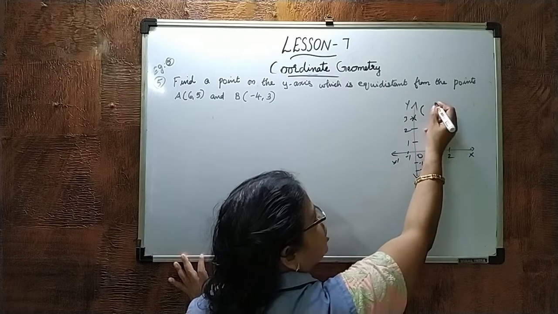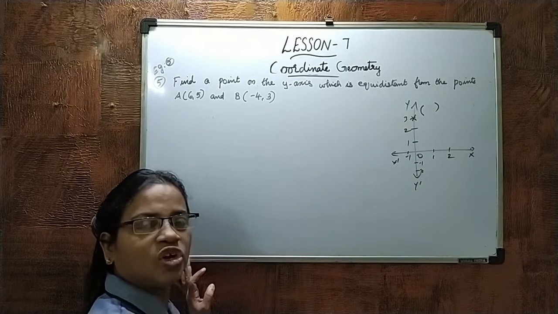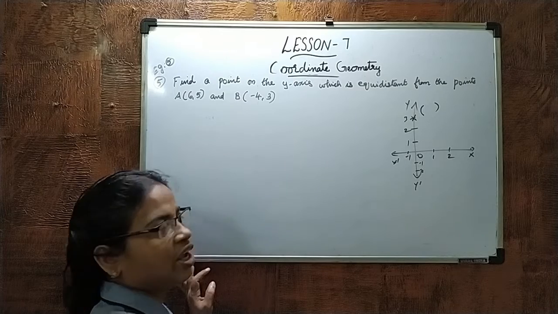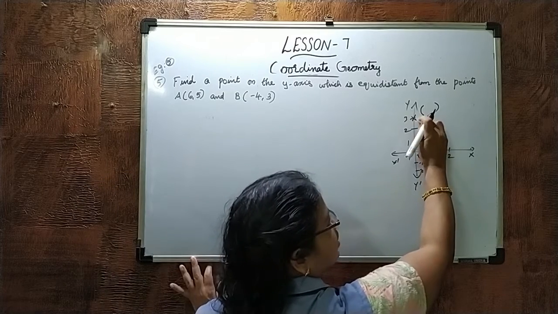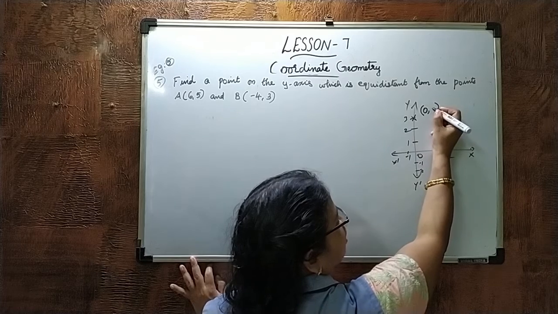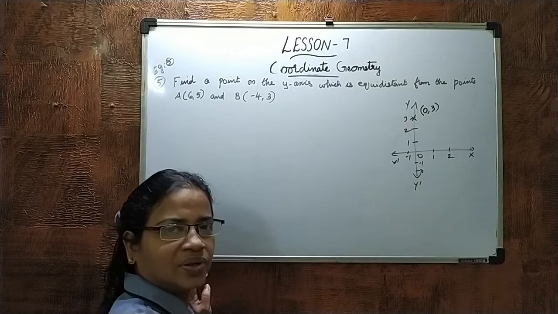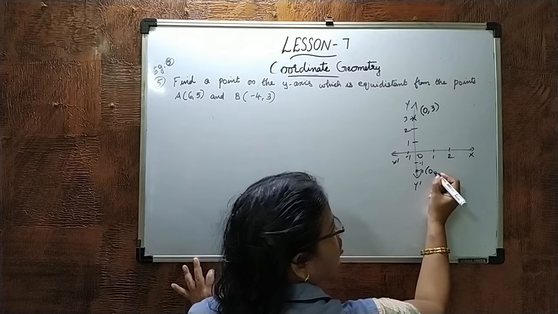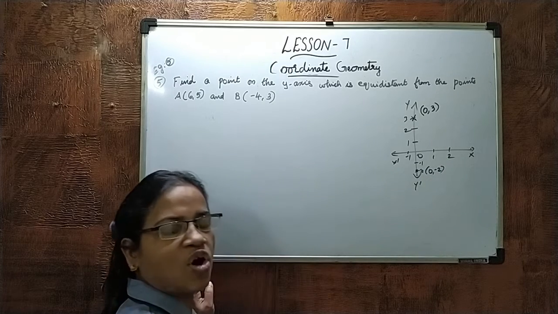What are the coordinates for it? First you have to write the x coordinate. On the y-axis, the x coordinate will be 0. Then the y coordinate is 3. If it is here, it will be 0, negative 2. What is the form of that?